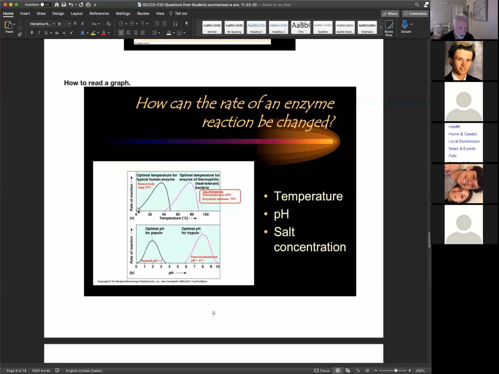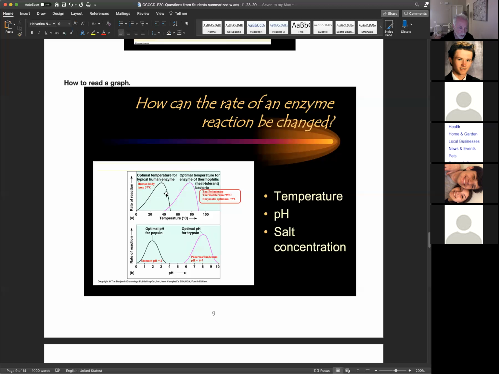So as temperature increases, the reaction rate increases up to a point, and this point is called the optimum rate. So approximately 38 degrees is the temperature at which this enzyme runs as fast as it can. If you go any lower than that, it slows down.